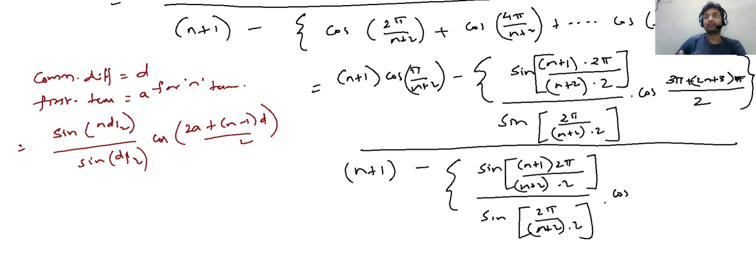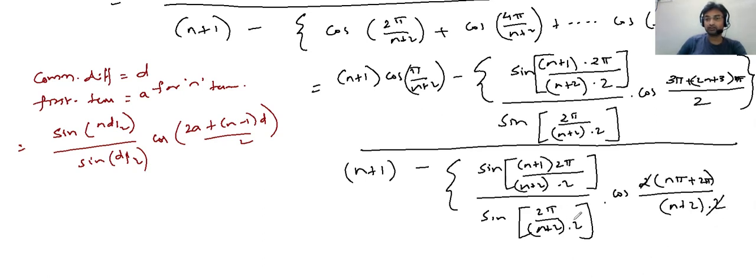If I add, it will become 2n pi plus 4 pi. So I can write, if I take 2 common, it is going to become n pi plus 2 whole 2 pi divided by n plus 2, okay, multiplied by 2.